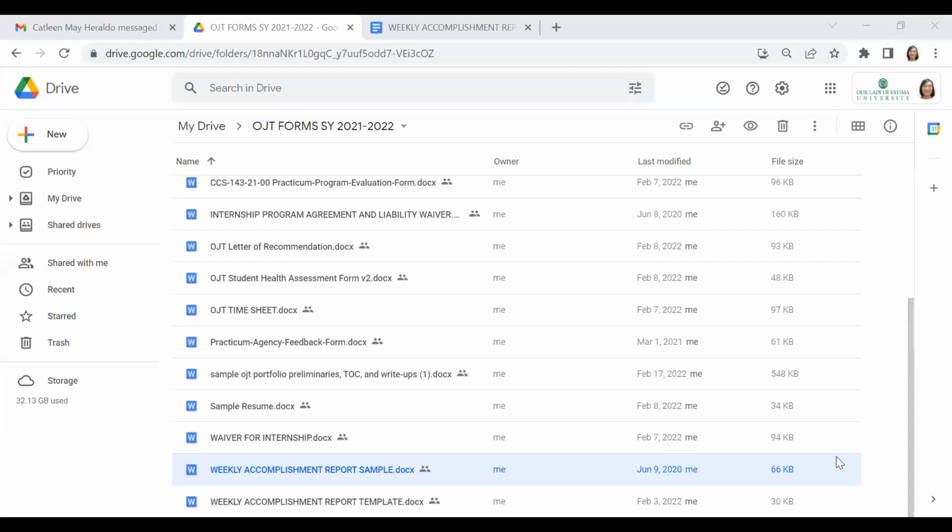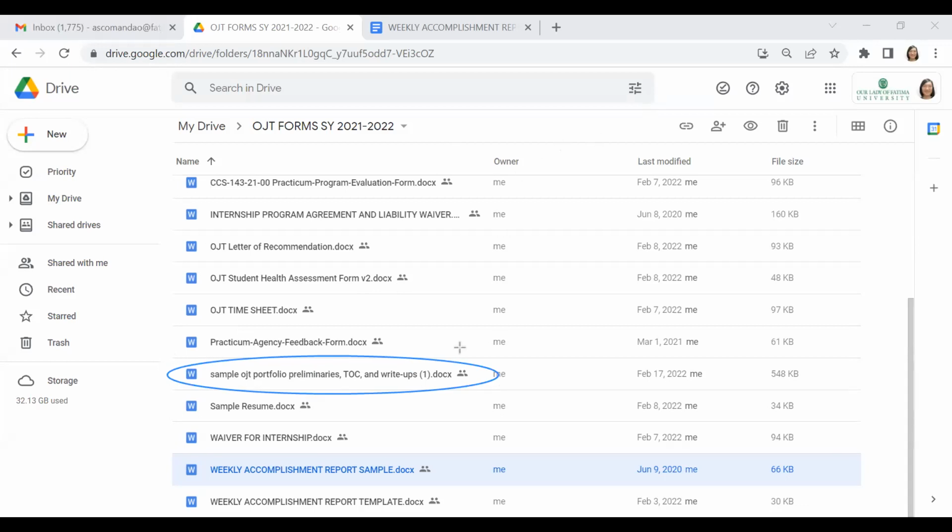So you will find the forms, as I've mentioned, in the OJT form school year 2021-2022. You can check it out in Canvas. So over here, there's your sample OJT portfolio preliminaries and write-up.